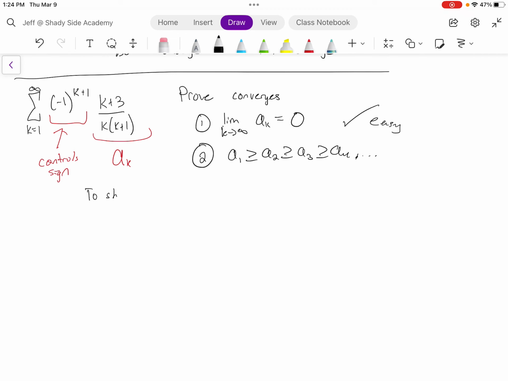So we said that to show that a sub k is greater than or equal to a sub k plus 1, we can divide by a sub k. And we can show that a sub k plus 1 over a sub k is less than or equal to 1.